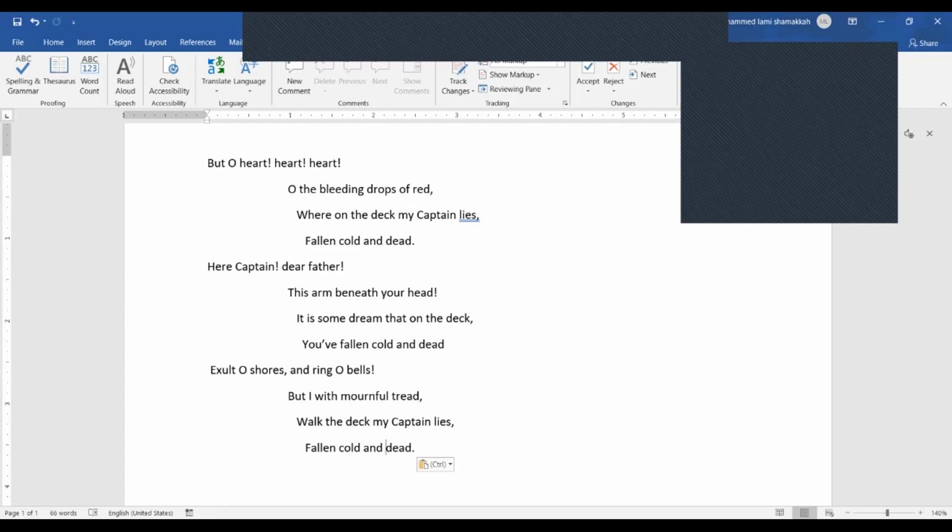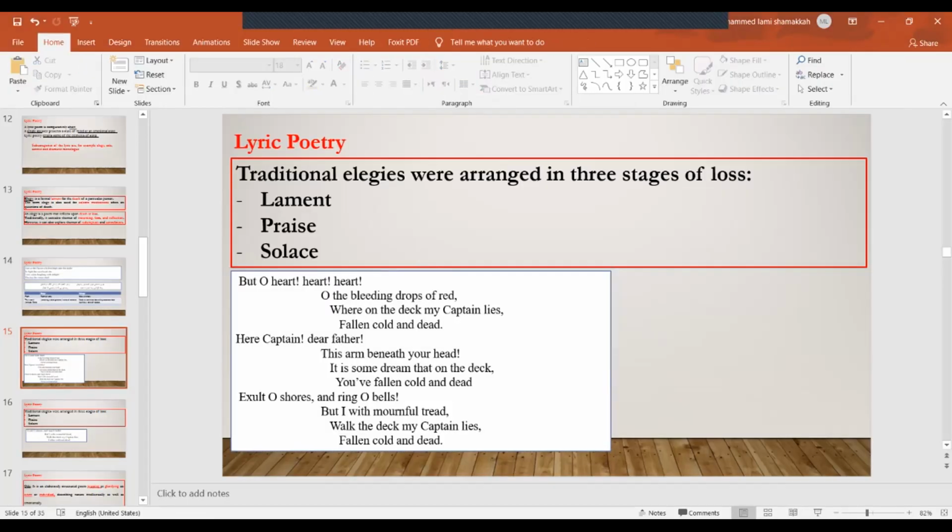Now, in this poem, this is the very early part of a long poem that laments the death of Abraham Lincoln. From those early verses, you can see that the poet is starting the poem with lamenting the death of Abraham Lincoln.